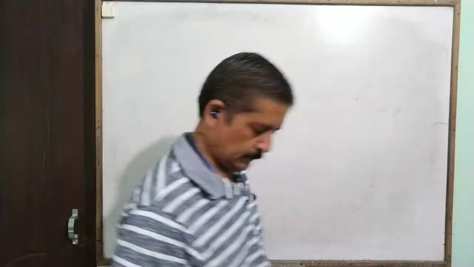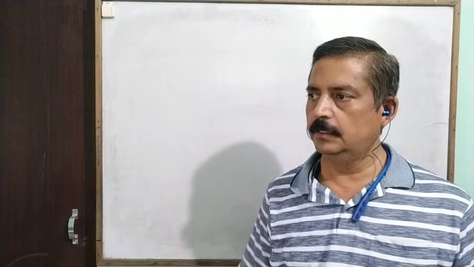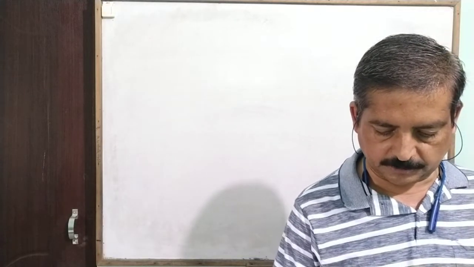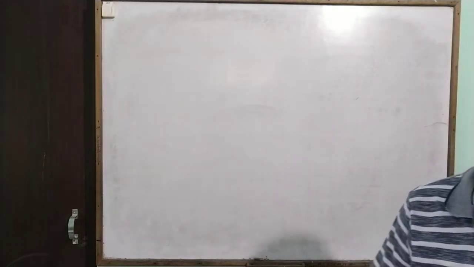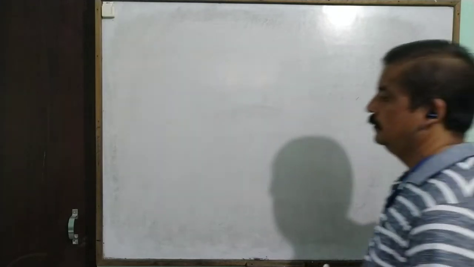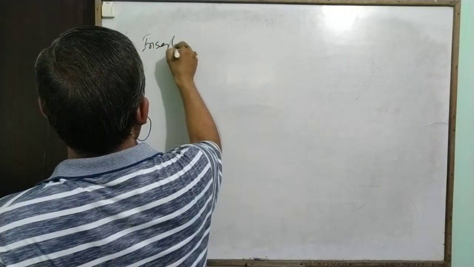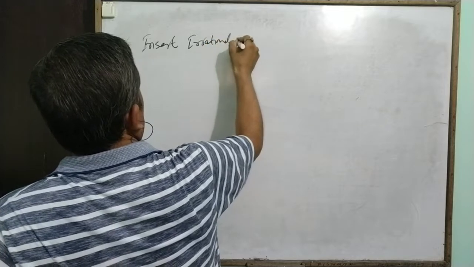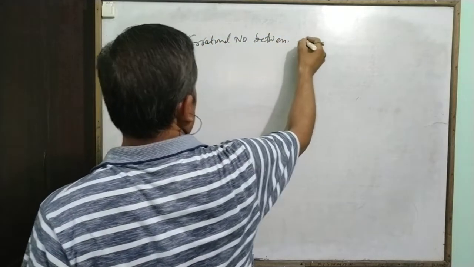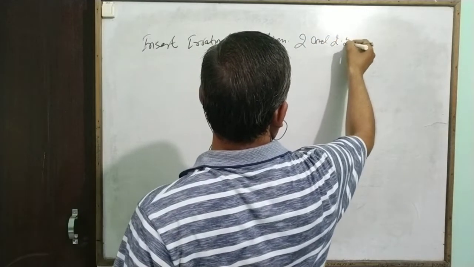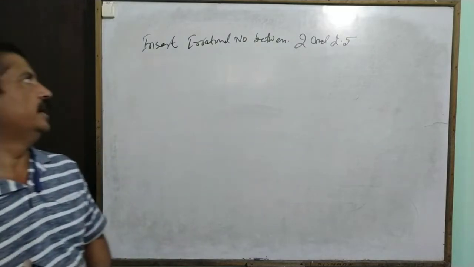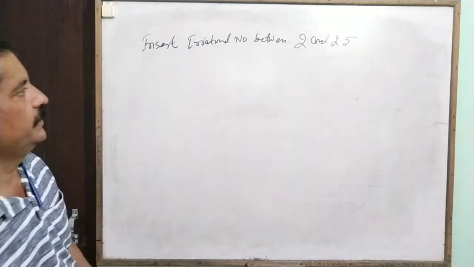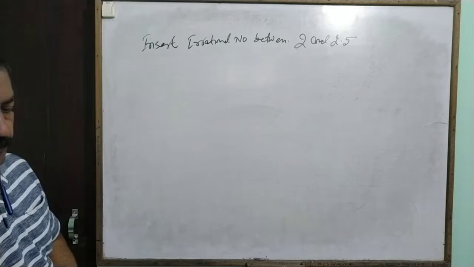The next is what? Inserting irrational numbers between two numbers. Insert irrational numbers between 2 and 2.5.